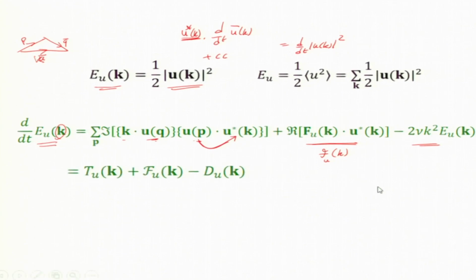Every term has a name; this is called T_u(k). This is the nonlinear transfer term, this is the injection rate due to the external force, and this is the dissipation. D_u(k) is positive, the minus sign is outside. These are all per unit time, since the d by dt is here.